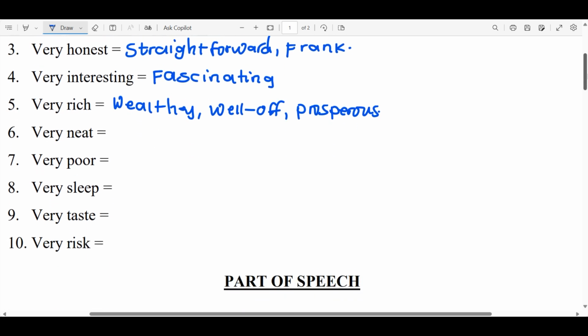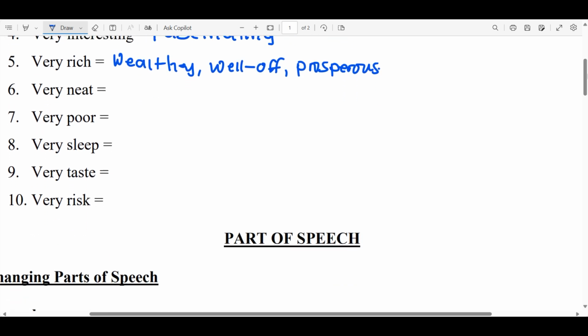Right, we move on to number six. So number six, very neat. So we can use immaculate. This place is immaculate. Number seven, very poor. So we use impoverished. Then apart from impoverished, we can also use destitute.